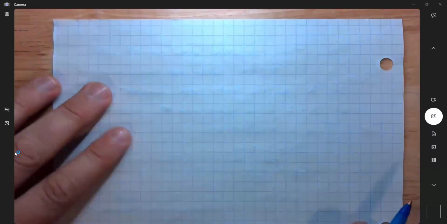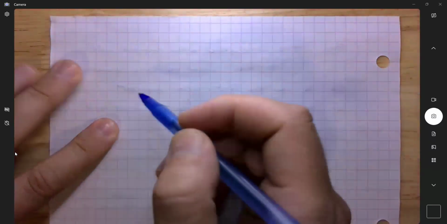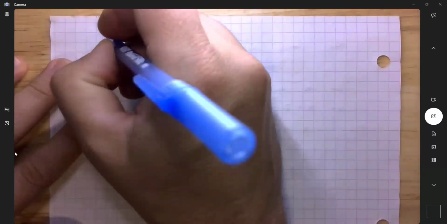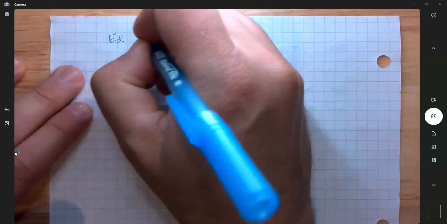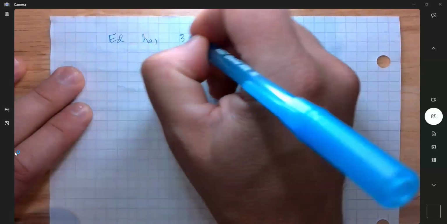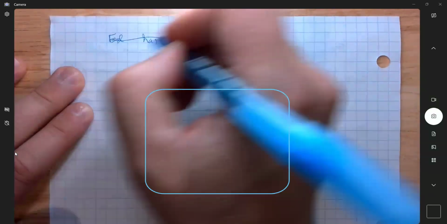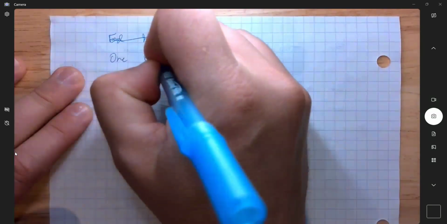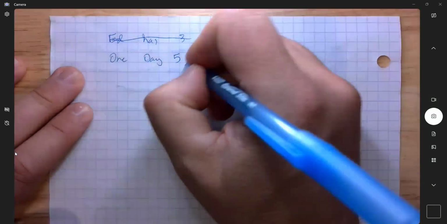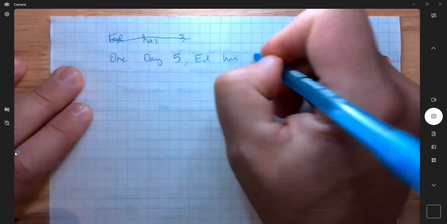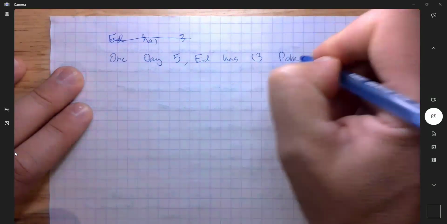All right, sometimes you need to find the slope from a verbal expression, and you're not given a rate of change. So let's look at this example. So Ed has, let's see, I want to start over. On day 5, Ed has 13 Pokemon cards.